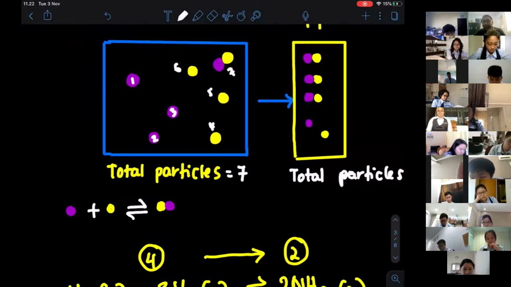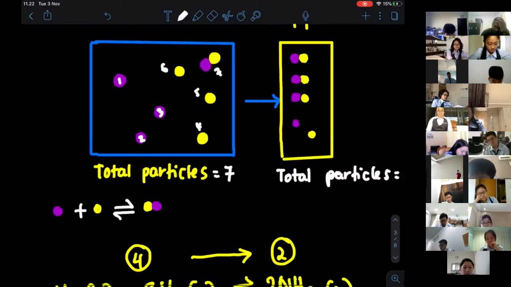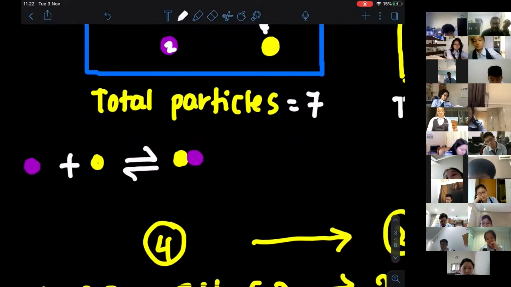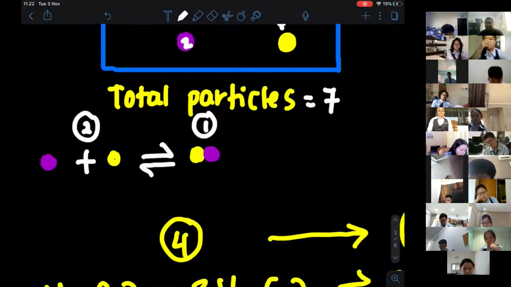Now, when the pressure is increased, you see here, how many particles? According to the equation, 1 and 1, so this is 2. This is 1. Can you see the number of particles? So when I increase pressure, I need to favor something that has less.